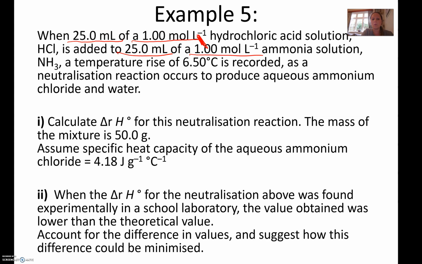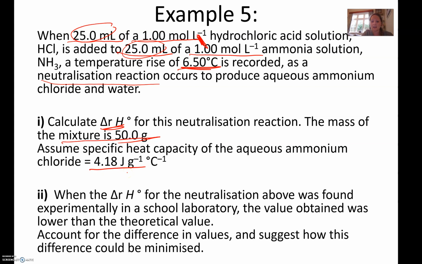So we're just going to say that's 1 mole. It says ammonia solution, and the temperature rose 6.5 degrees as the neutralization reaction occurred. Calculate the enthalpy of reaction. The mass of the mixture is 50 grams. So they've been nice enough to tell you that the mass that you should be using is 50 grams.